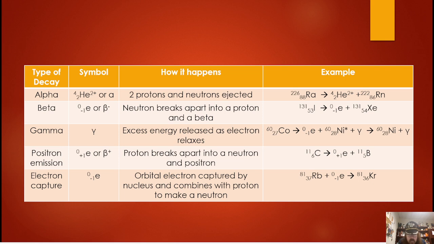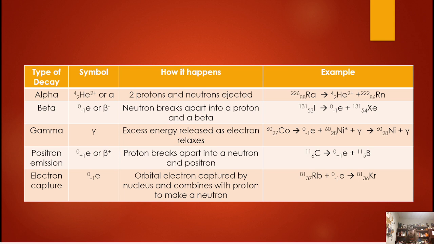Now, positron emission. Instead of a neutron breaking into a proton, now a proton breaks into a neutron and gives off the positive charge. So the proton has lost its positivity, and so it reverts to a neutron. So carbon-11 could undergo positron emission to form boron-11.